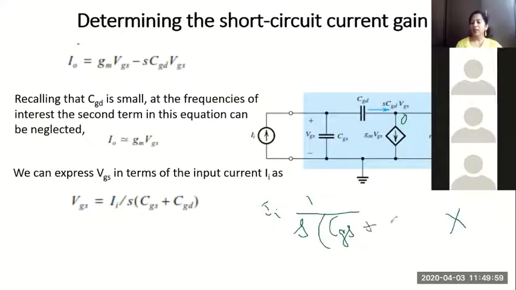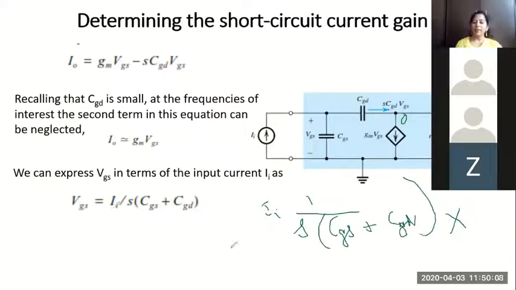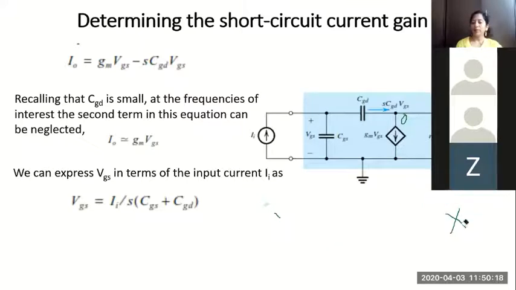Okay. So this will be the effective capacitance now, and it is nothing but II divided by S into CGS plus CGD, as you can see in this equation. Okay. So now we have written VGS in terms of II, and I know the value of I naught.